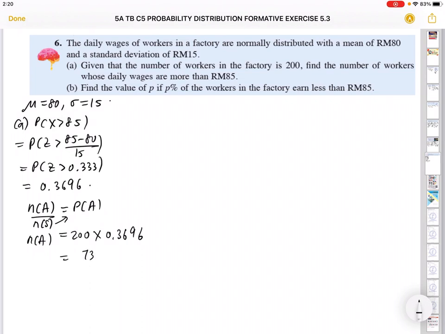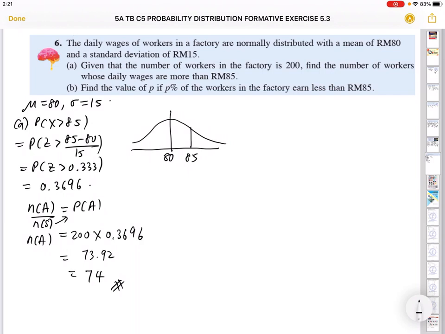Now, by the way, if you get 73.94, what do you take? Do you take 73 or do you take 74? I know some students will say, oh, there's only 73.9, not a full worker, so we have to take 73. Now, I need you guys to understand this. If I were to draw the normal distribution curve, the mean is 80. Probability more than 85 is here. So picture this.